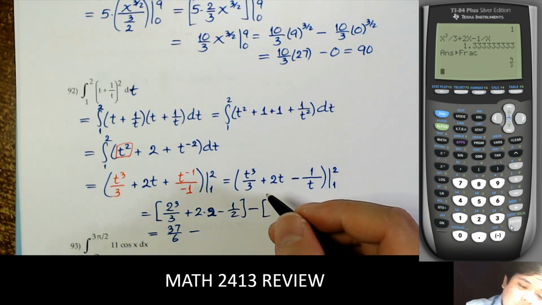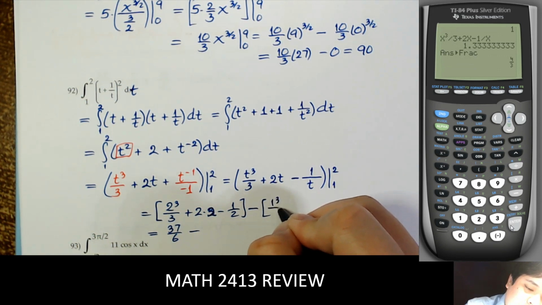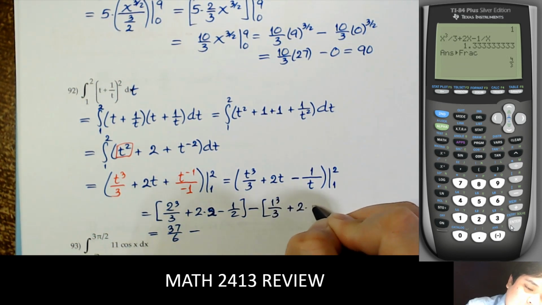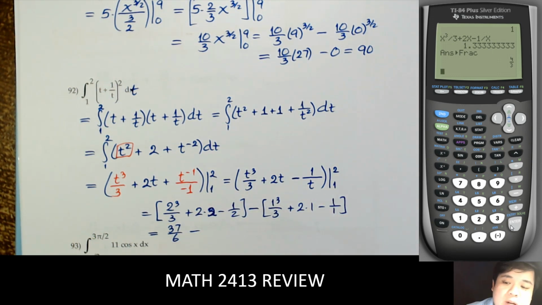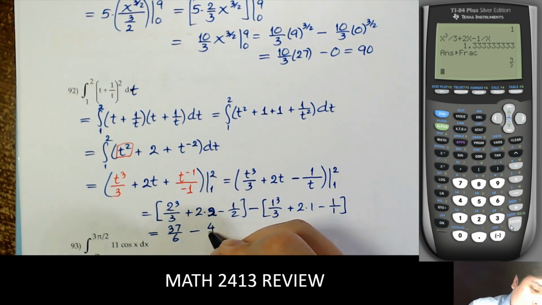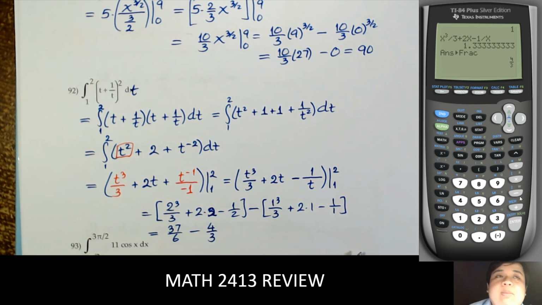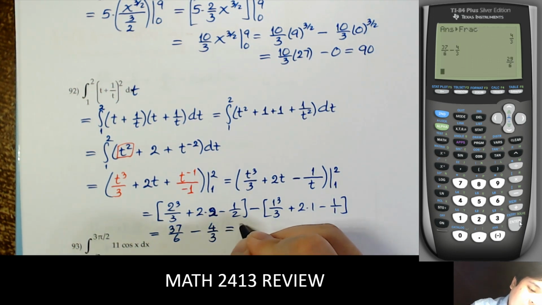So 4/3, which is 1 cubed over 3 plus 2 times 1 minus 1 over 1. That is 4 over 3. So pretty much we have that number minus this number, and that is 29 over 6.